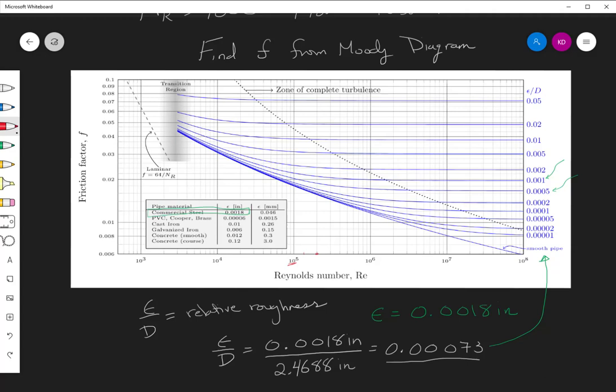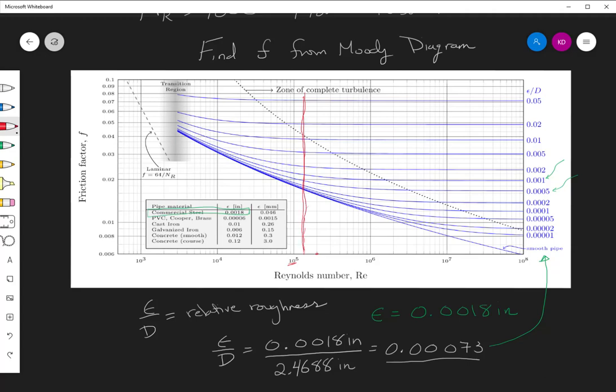So let me draw a vertical line where I expect that Reynolds number to fall. I expect my Reynolds number of 1.3 times 10 to the 5 will look something like that. So that line corresponds to my Reynolds number of 1.3 times 10 to the 5.